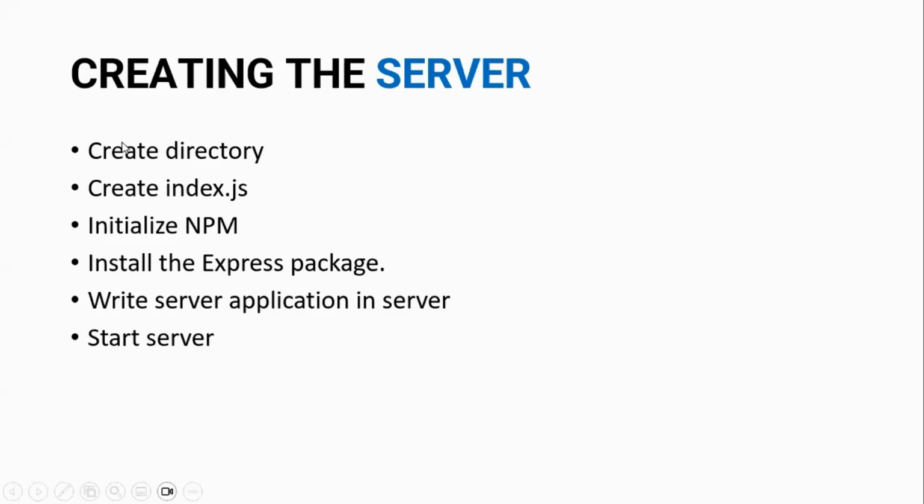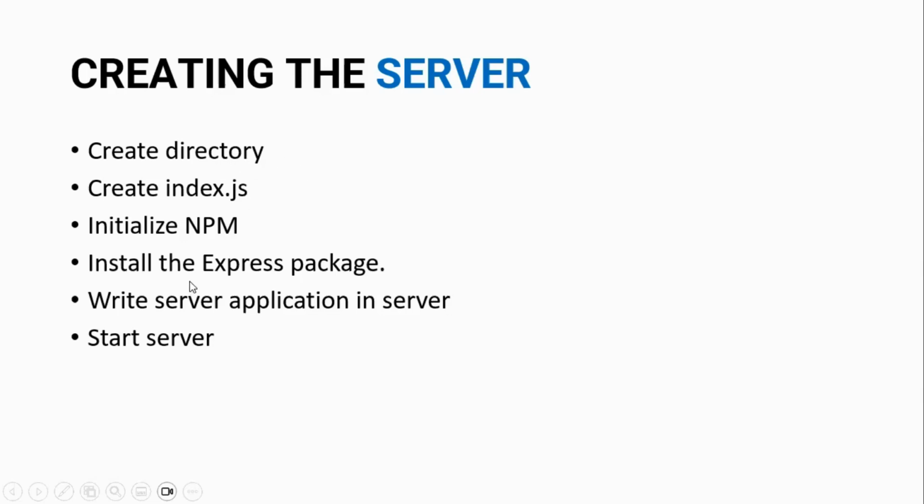There are 6 steps in order to create our Express server. First step is to create a directory where we will put our project files, and then we are going to create a JavaScript file, index.js, and then we are going to initialize npm to be able to install the Express package in the directory that we created in step 1.